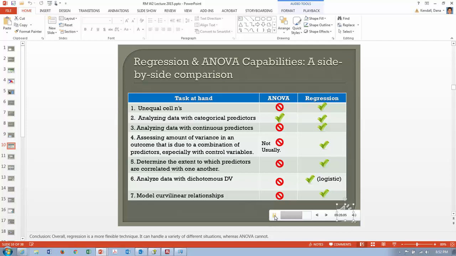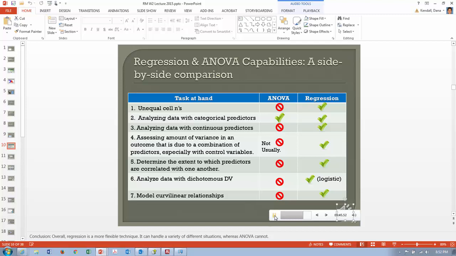Number 6, analyze data with dichotomous DVs. In your research, I would say this is probably less frequent, but you may have a case where you have a DV that is only a 0-1 or a yes-no, or the presence or absence of some kind of attribute. An example would be trying to predict someone's suicide attempt.